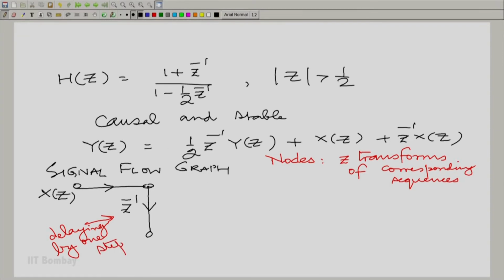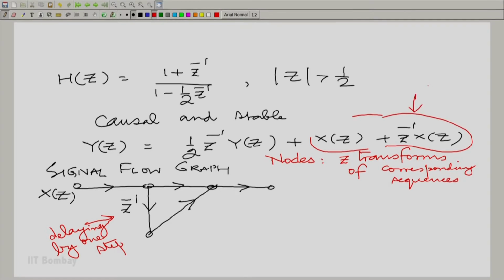Now, you keep this as it is, delayed by one step, and then add them. So, here we have generated this part of the term. I am marking it as 1 and I am saying 1 has been generated here.